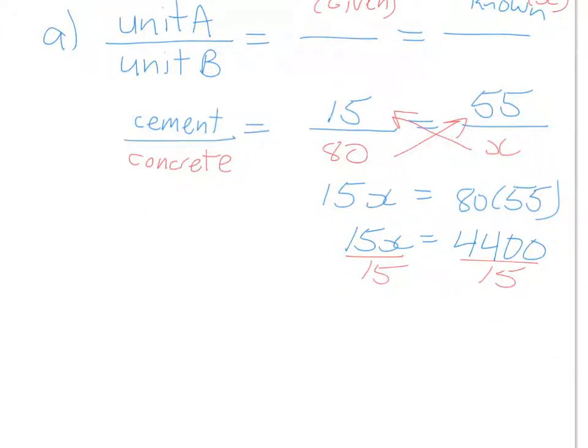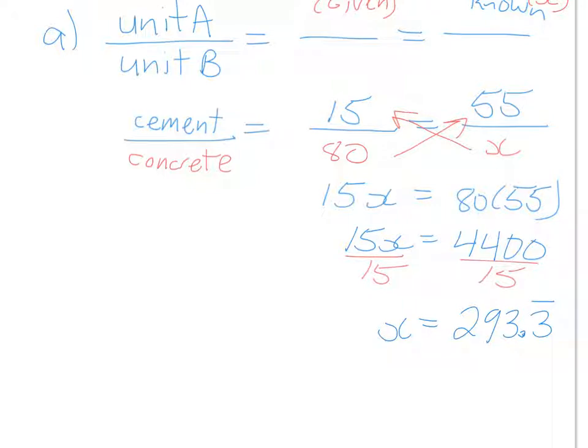So we know that the 15s will disappear now, and we're just left with x over here. And then 4,400 divided by 15 gives us 293.3 repeating. So if it repeats, you can just put a line over top.